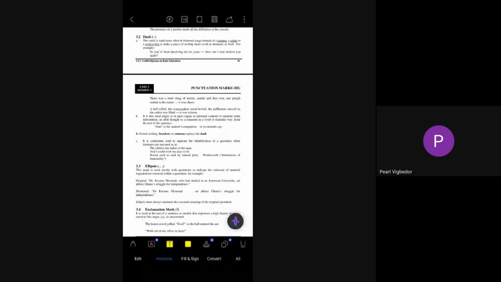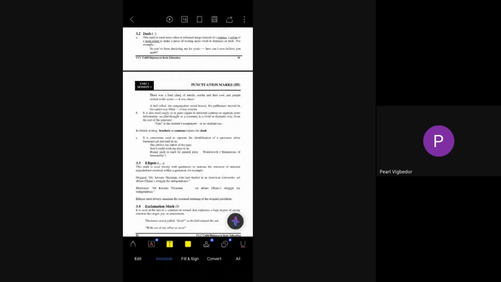The semicolon separates sentences and clauses; it's either you use the colon or you use the dash. So its usage can be interchanged. If I feel like I want to use the dash, I can use it instead of the comma or the colon.